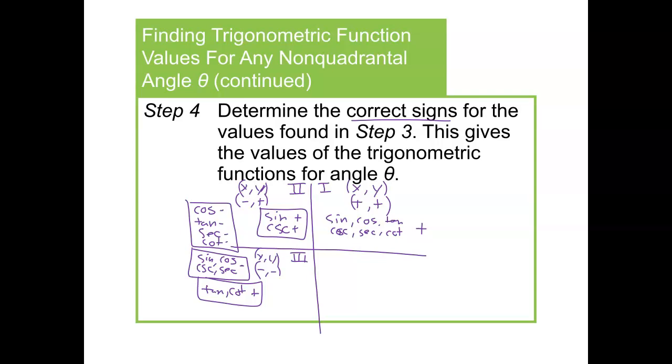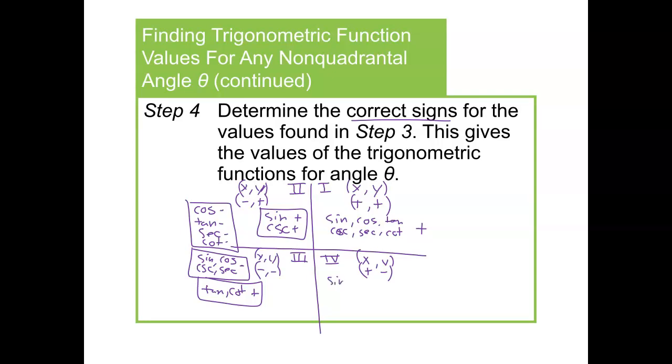What's negative in quadrant 4? Y. Just y. X is positive. X is positive, y is negative. So then it's only the ratios that include y. So we're taking quadrant 2 and we're switching cosine and secant for sine and cosecant. But again, we're going to get tangent and cotangent negative again.